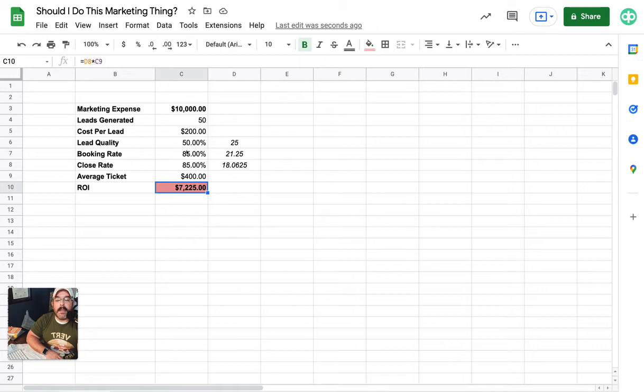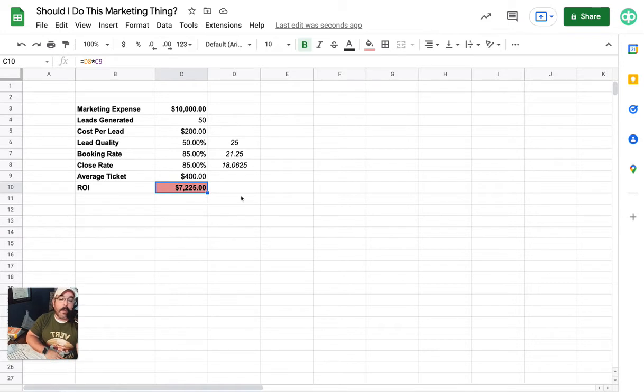What this calculator does is show you the return on this investment. It color codes: red is bad, yellow is meh, you didn't lose money, and green is okay, you're in the world of it doesn't suck. Are there things that could suck less? Sure. But for the sake of this calculator, this is just a real quick gauge, before you do marketing, of whether it's worth doing based on your own performance.